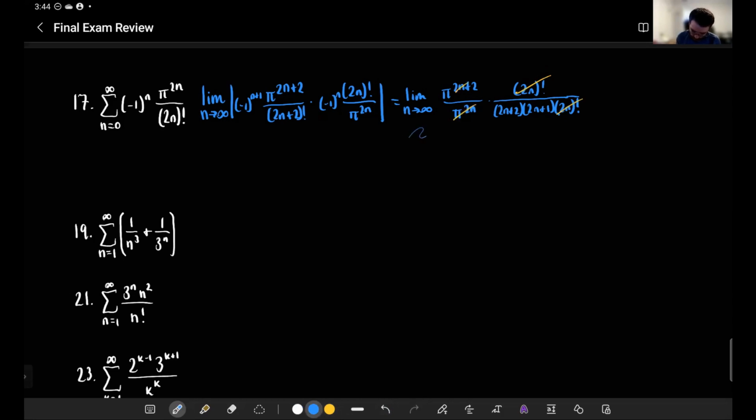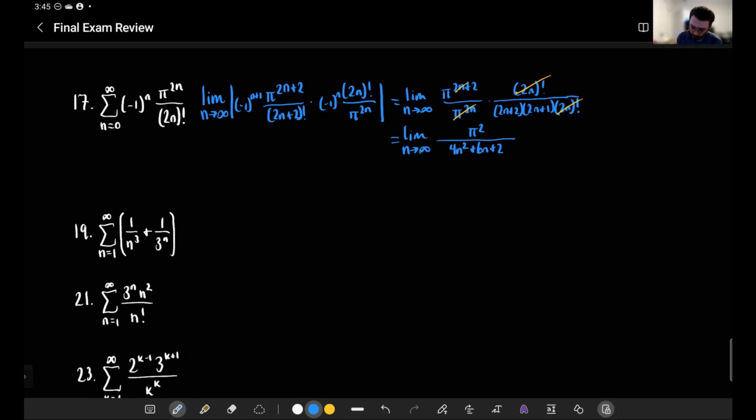That gives me the limit as n goes to infinity of pi squared on top. I need to leave enough room for the denominator. If I FOIL it out, that's 4n squared plus 6n plus 2. But whatever it is on bottom, it's some quadratic with n in it.